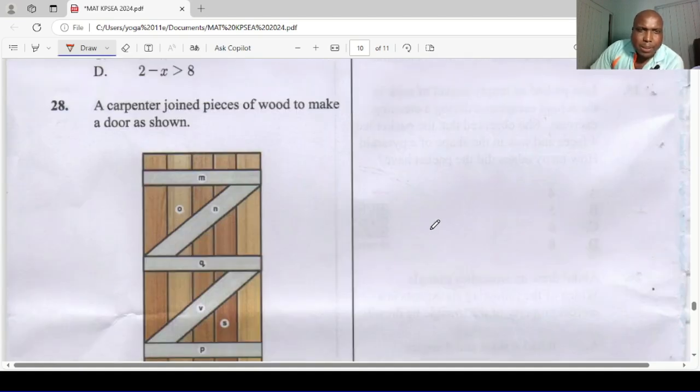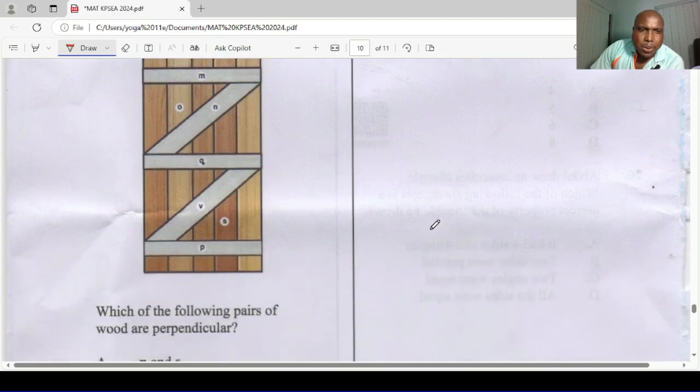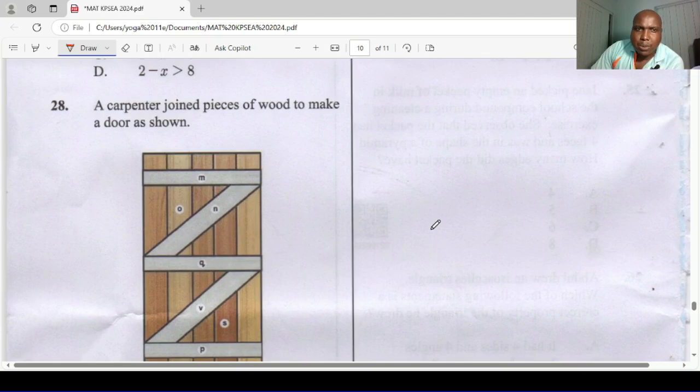The carpenter joined the pieces of wood to make a door. Which one of them are perpendicular? So for them to be perpendicular, they must form 90 degrees. So the ones that are perpendicular here are M and O. M comes like this, and the O is this, so it forms 90 degrees.